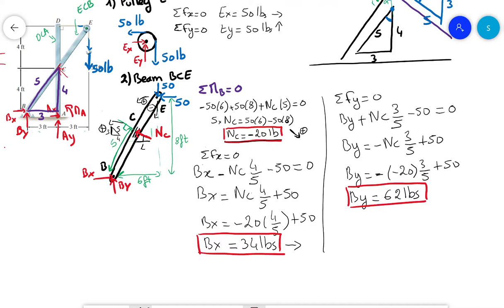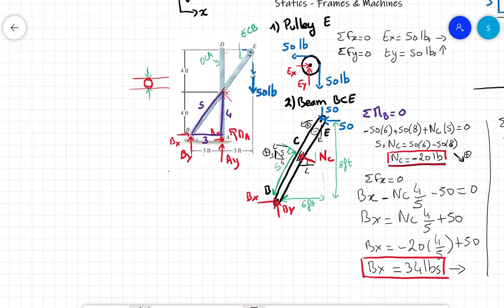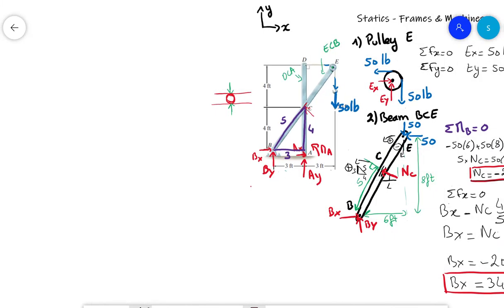Now, the last free body diagram. Let me do it on this side and I will go grab the other value. So let's draw number 3, the free body diagram of the vertical beam DCA.